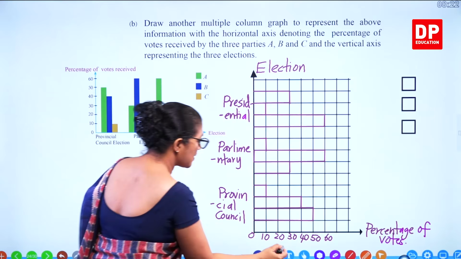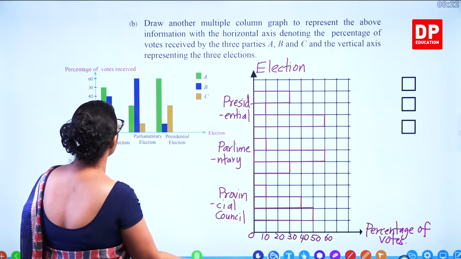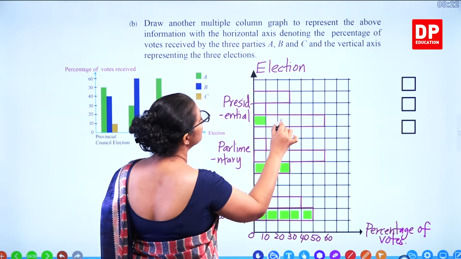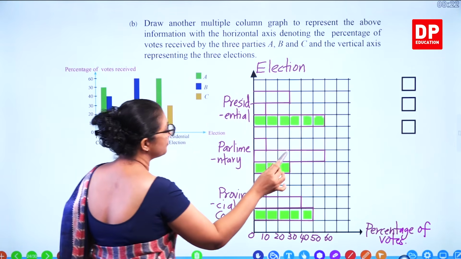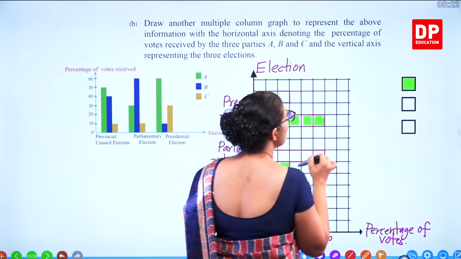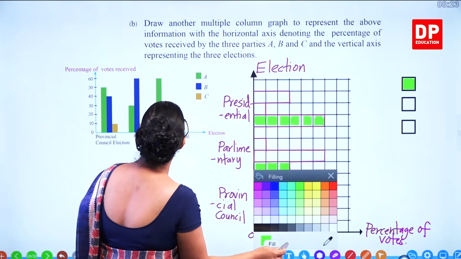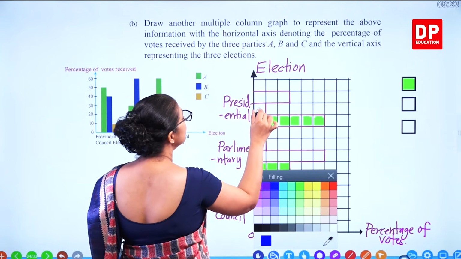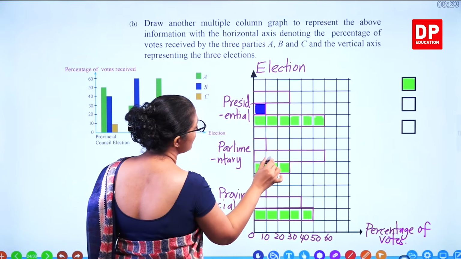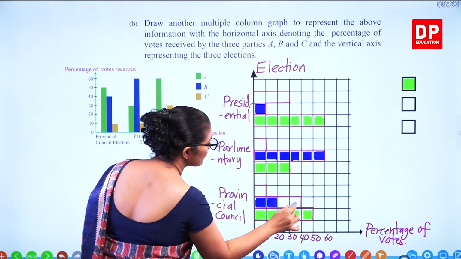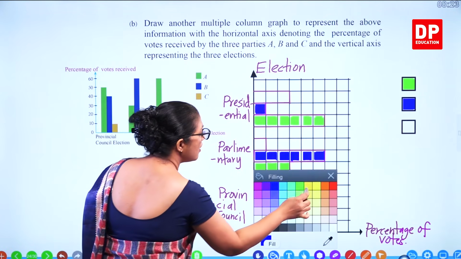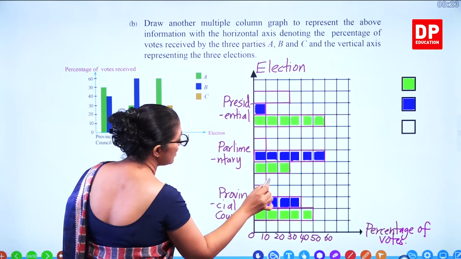And now we'll give colors. We'll give the same colors. Green for one party, then blue for the second one, and yellow for the third one.